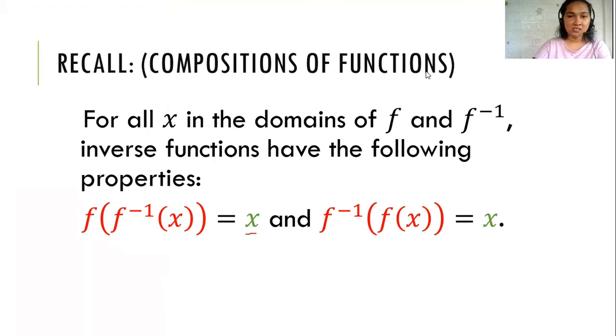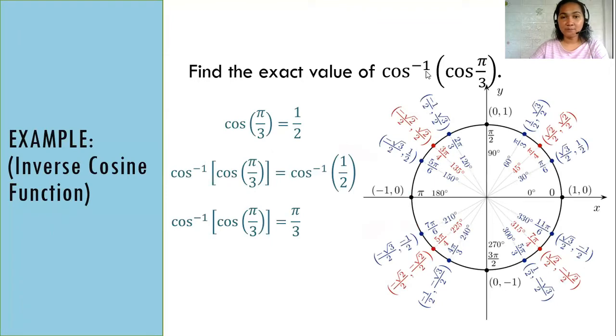That means for this example, inverse cosine of cosine pi over 3, we can simply say that this is equal to pi over 3. We can simply cancel out the operators cosine inverse and cosine.